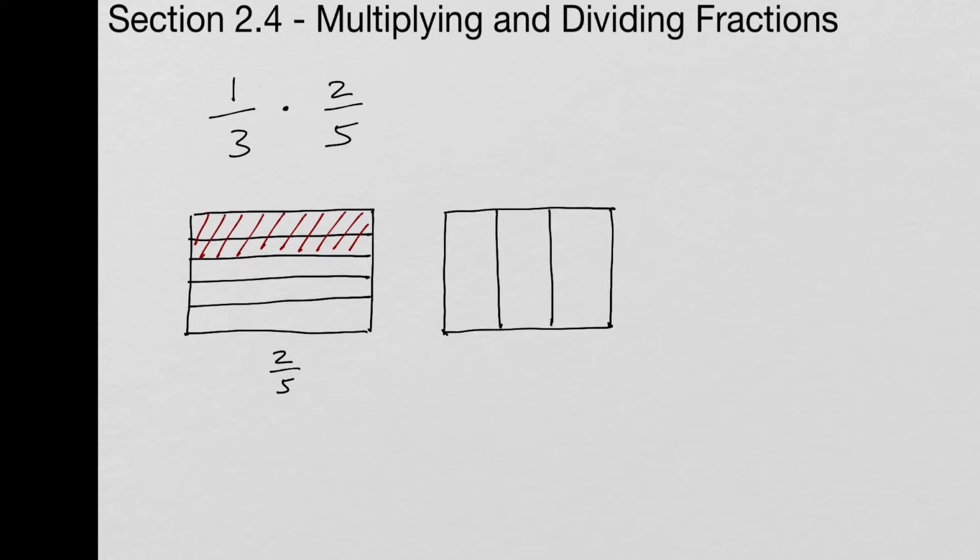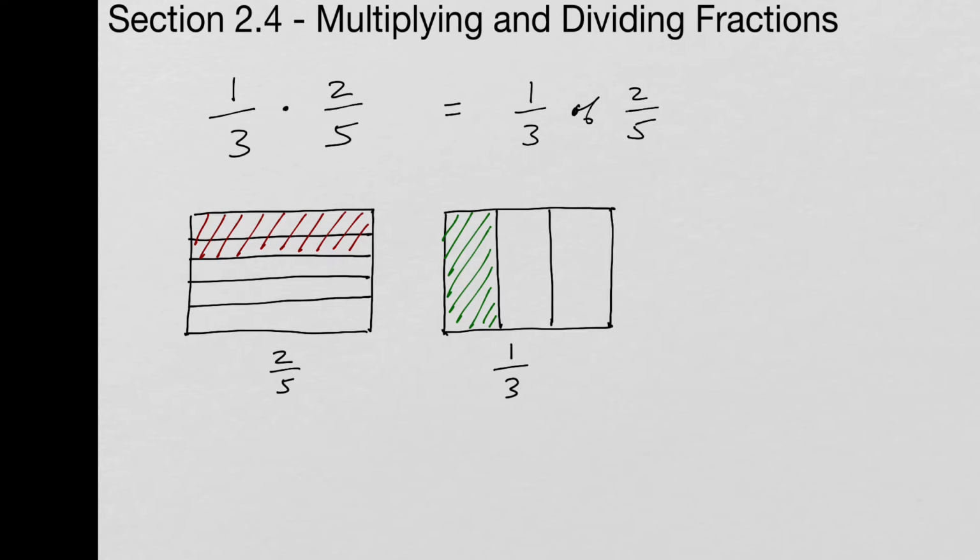If I shade one of them, let's just shade the left one, this represents 1/3. So if I want to multiply 1/3 times 2/5, you can think of multiplication as meaning of. So this really means the same thing as 1/3 of 2/5.